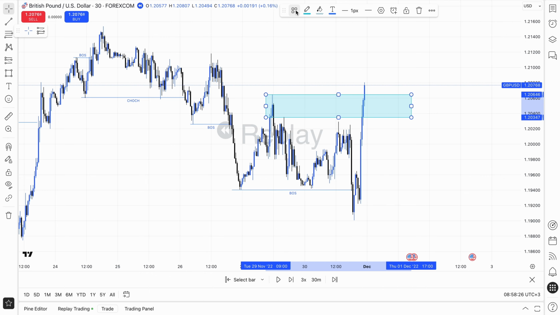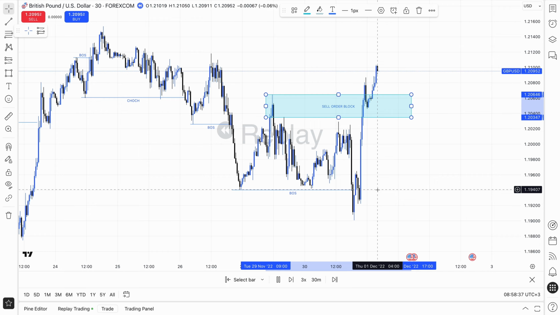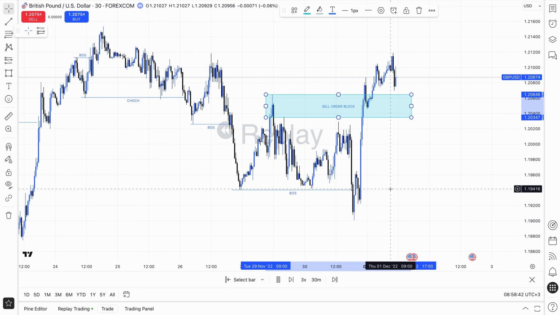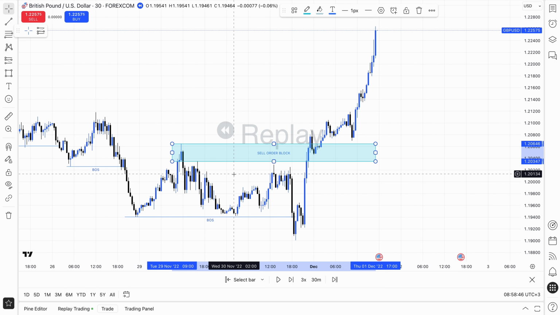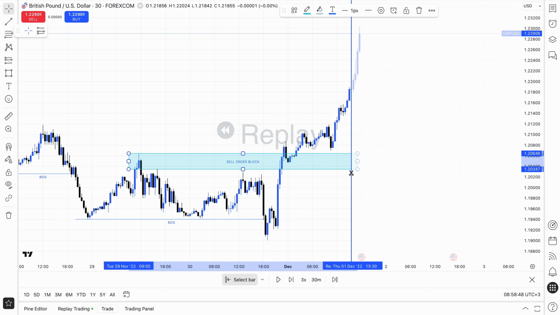Then our supply order block was disrespected, and we need to wait for London open. Time is very, very important in this trading strategy. Clean. Need to bring back this trade. Yeah, here.